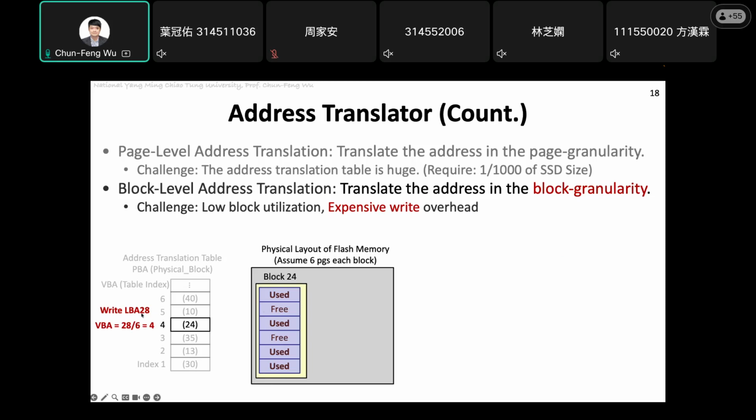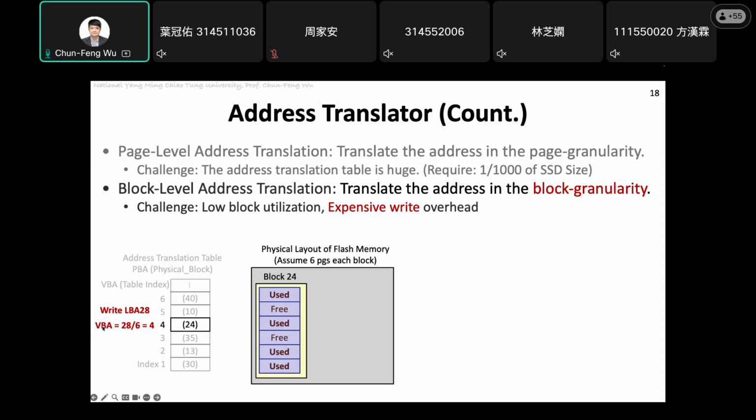If the system receives LBA 20, it will first do some transformation. The system will first divide 20 by 6 to find the block. Because this is block level, we can only maintain information related to the block.